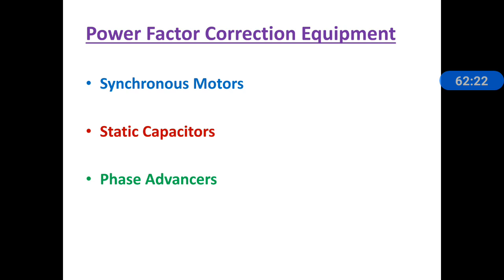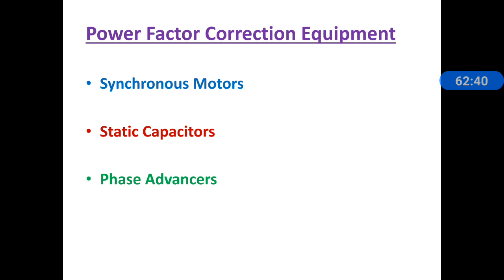Next is the static capacitor. I think you all know the static capacitor. It is just a capacitor connected to the appliances. A capacitor gives leading current. Almost all our appliances have lagging current.